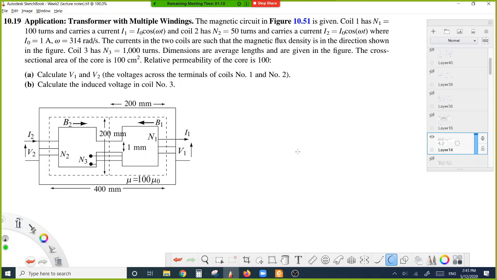It seems not. Okay, we will try to do this problem after.